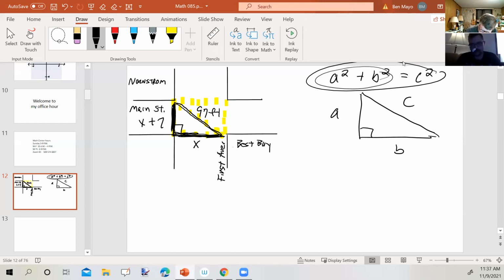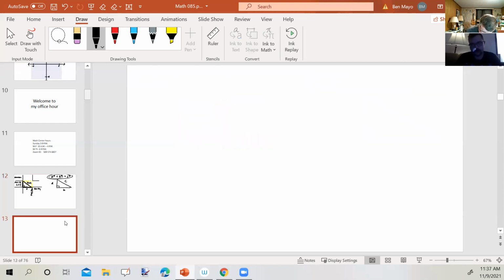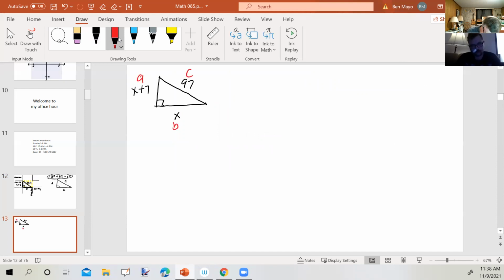Okay. So what I'm going to do is go to the next page and just draw the right triangle. This is 97, this is x, and this is x plus 7. I'm going to label these a, b, and c. And again, a squared plus b squared equals c squared.